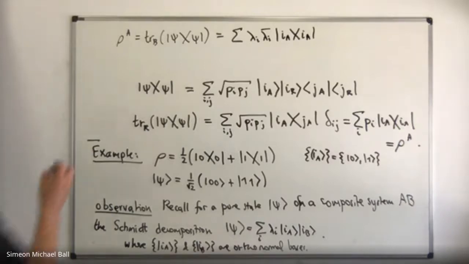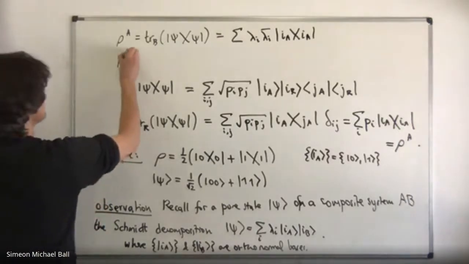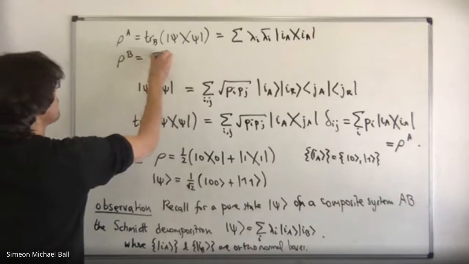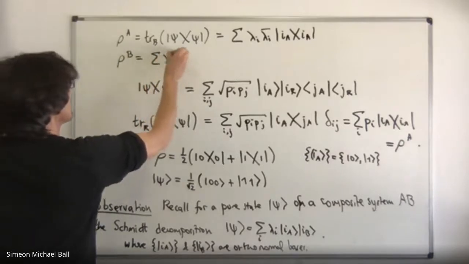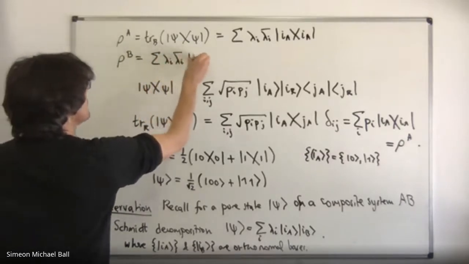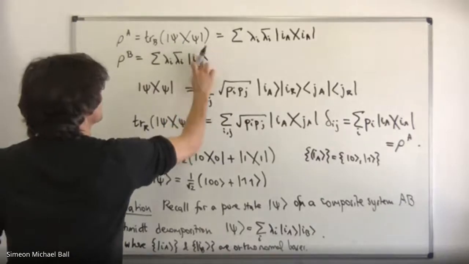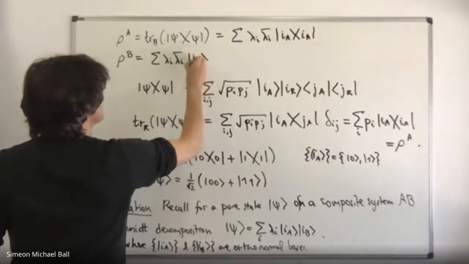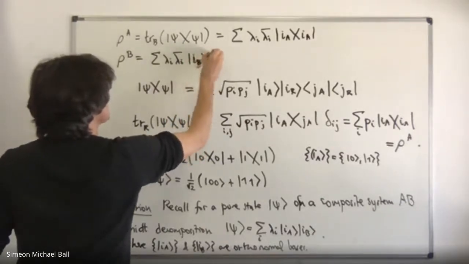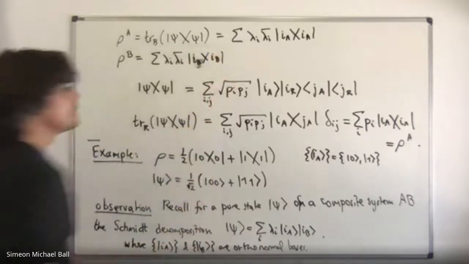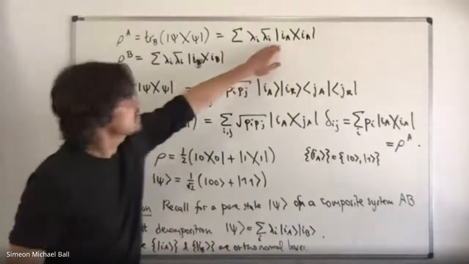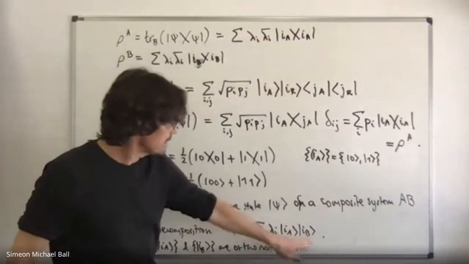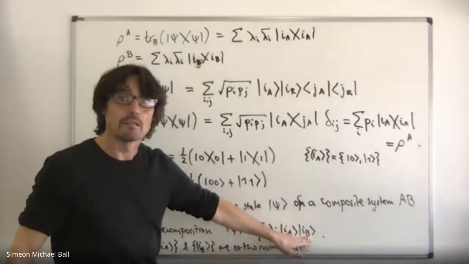And interestingly, the rho_B will have the same eigenvalues. And the description here does not depend on the orthonormal basis |i_B>.